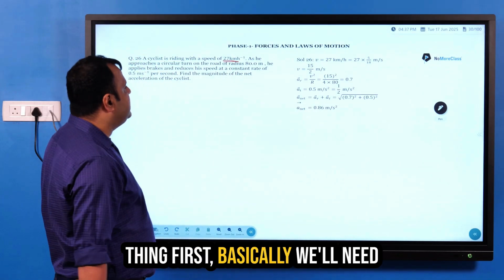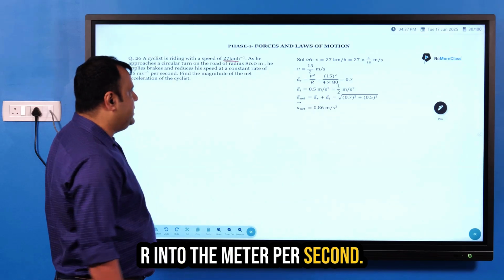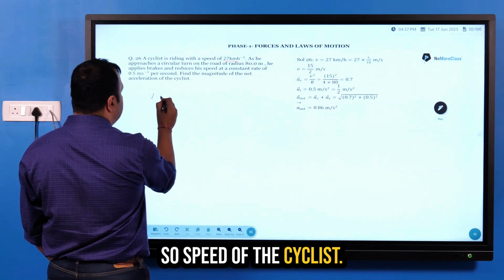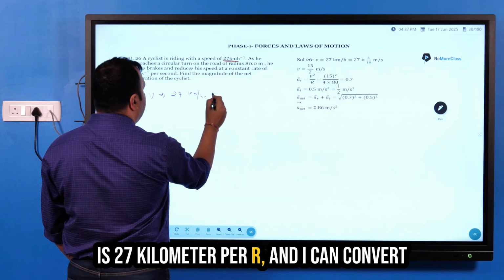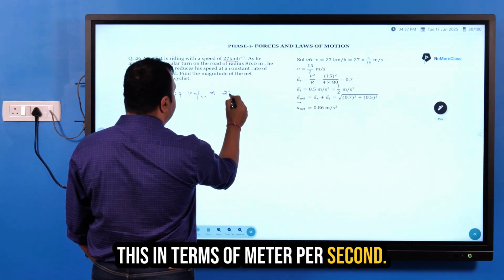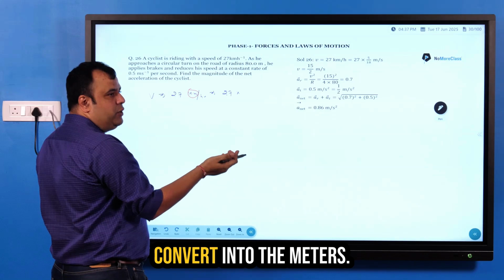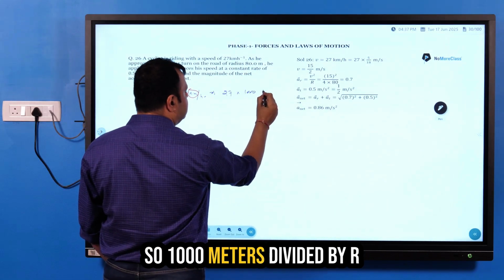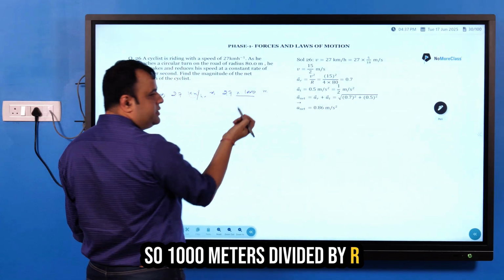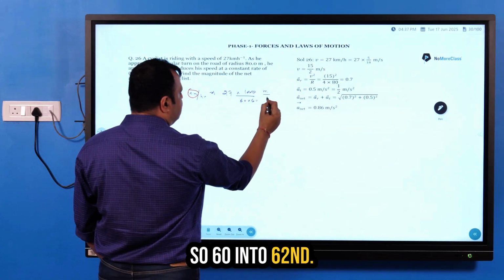So first things first, we need to convert this kilometer per hour into meter per second. The speed of the cyclist is 27 kilometer per hour, and I can convert this in terms of meter per second. So how to convert it? This kilometer you convert into meters, so 1000 meters, divided by hours, you convert into seconds, so 60 into 60 seconds.